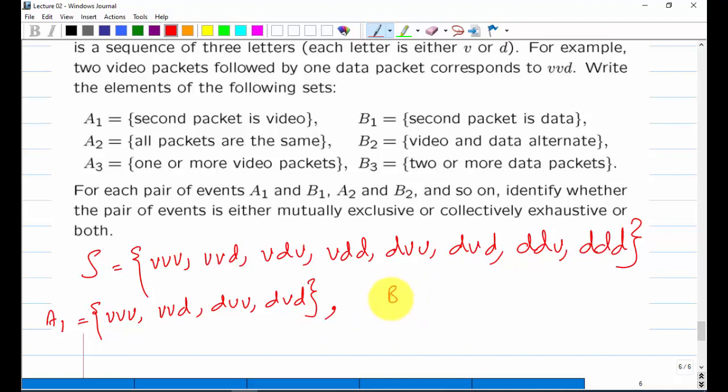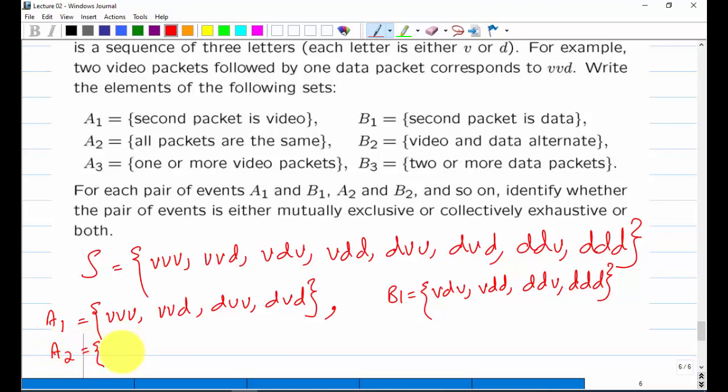I will go side by side like this. B1 says the second packet is data. VDV, VDD, DDV, DDD. Similarly, A2 says all packets are same.